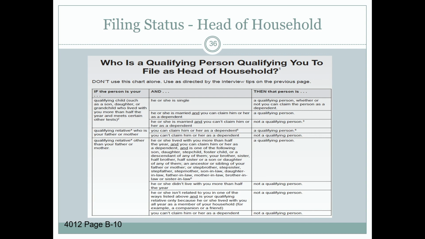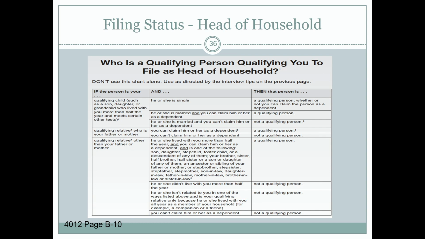I think it pretty much includes everybody except a cousin. And you'll notice on this they have to meet all three of those requirements. They had to live with you more than half the year. You have to be able to claim them as a dependent, and they have to be related to you. In that case, they can qualify you for head of household.